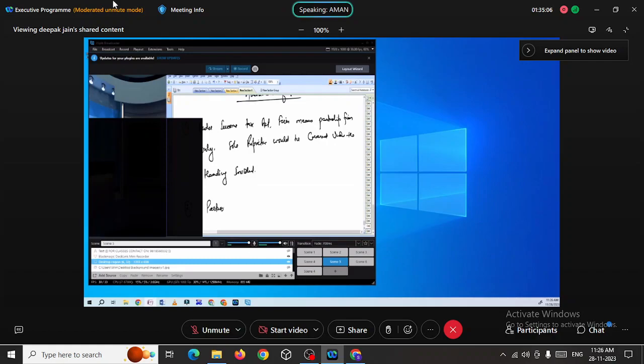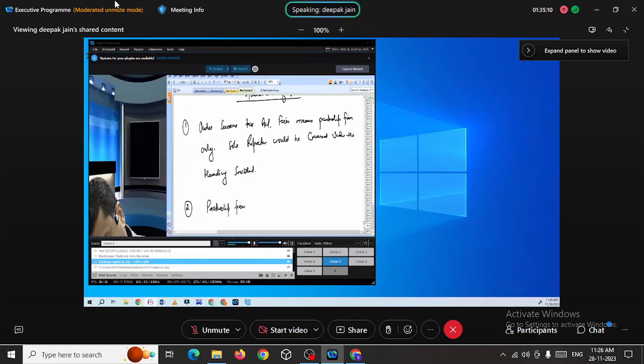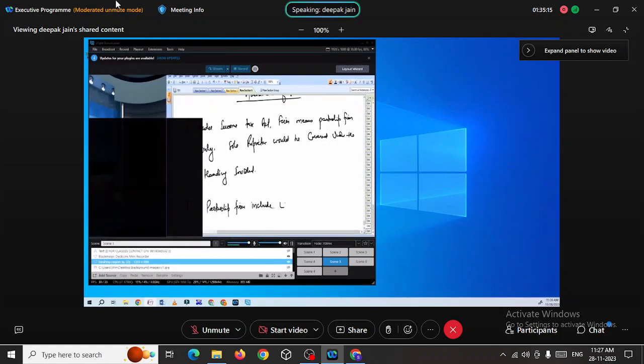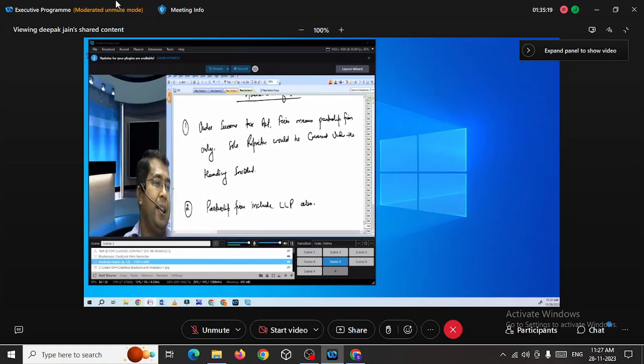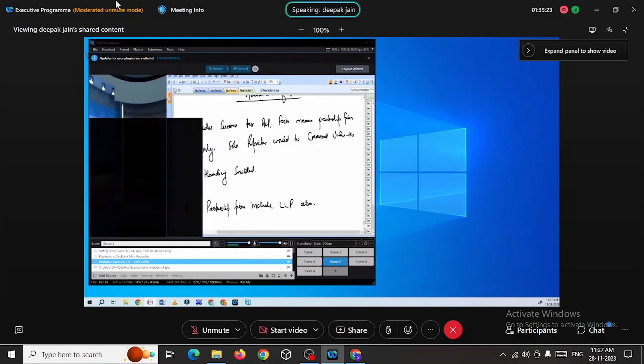Sir, limited liability partnership. Partnership firm includes LLP also. In the eyes of Income Tax Act, partnership firm and LLP is taken at par.